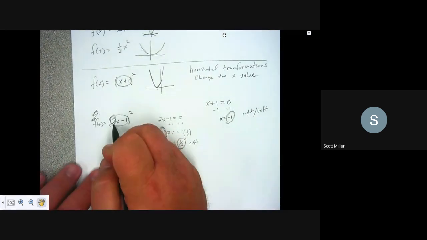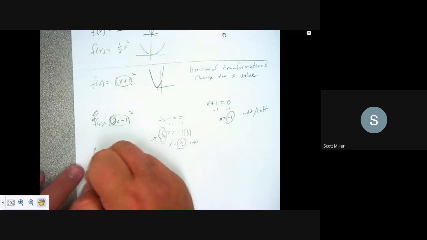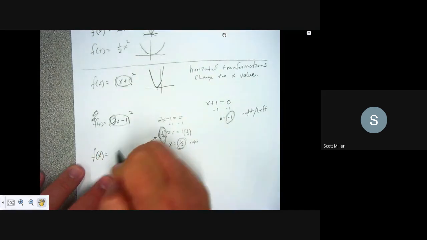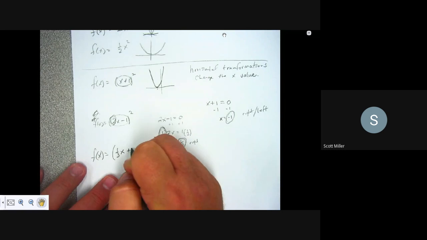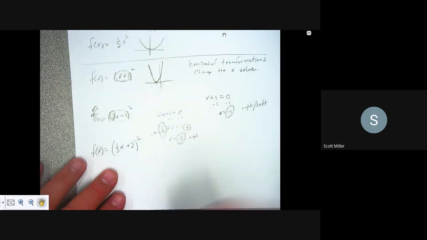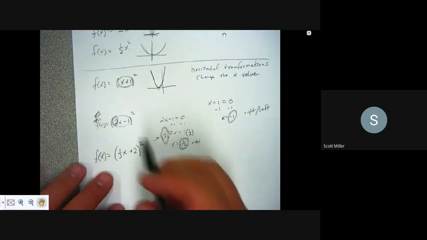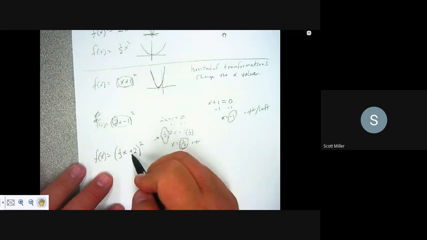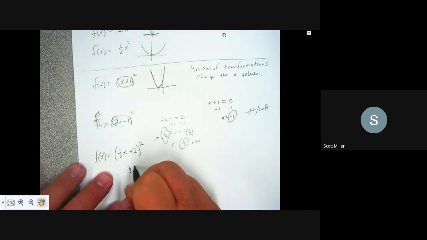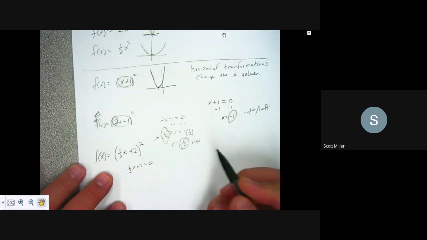So again, whatever that number is, so if I have another function right here, and I write in here 1/3 x plus 2, then what do I know? Well, first off, I know I'm going to have a right or left, so I need to solve this for 0.